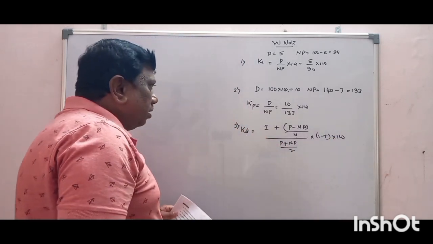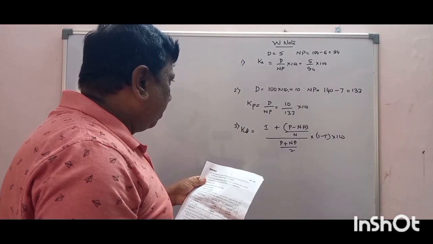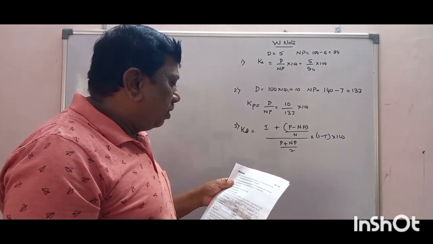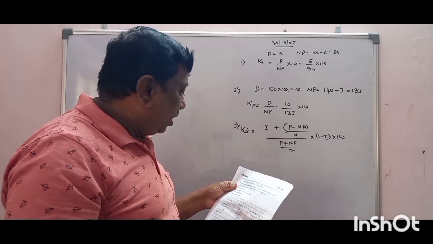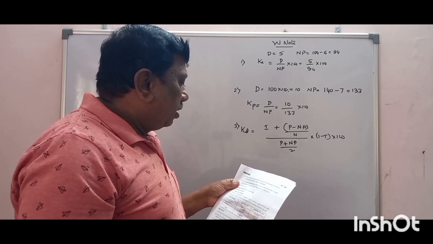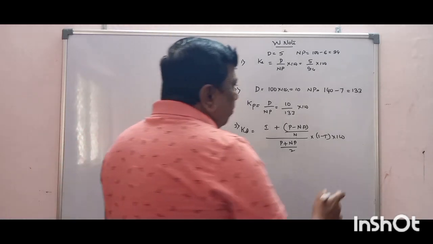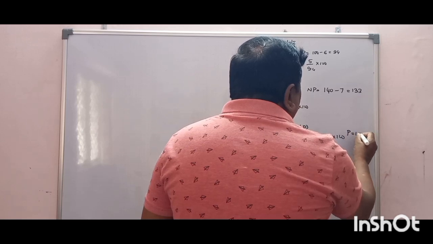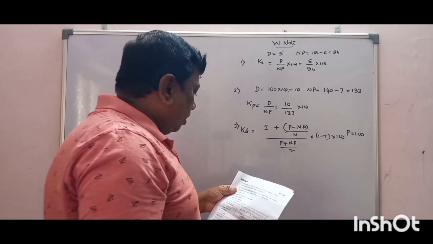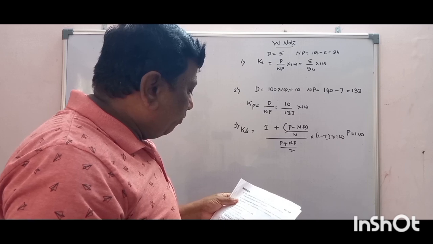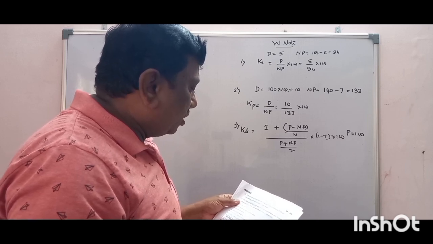So what are they telling? 10% debentures with a face value of 100 are redeemable after 10 years. See, after 10 years they are giving 100 only. So maturity value P is 100. After 10 years, 3% underwriting fees incurred on issue price of debentures.